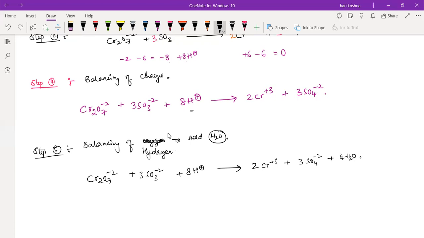Clear this one? Now check whether the oxygen atoms are balanced or not in this. Is it balanced?